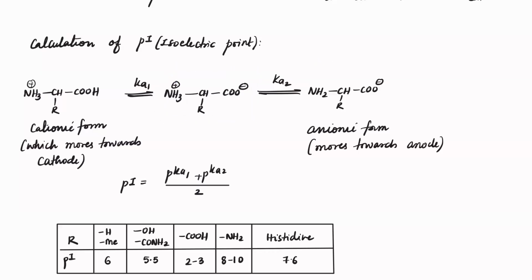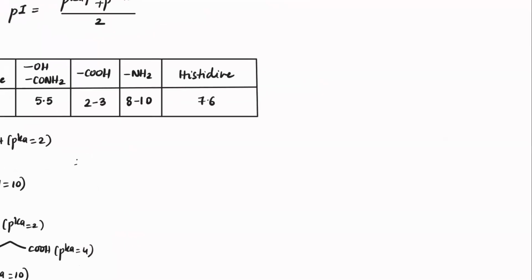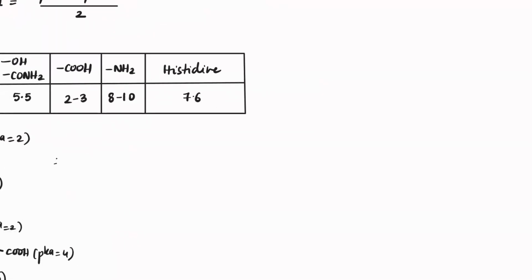That happens exactly at the average value of pKa1 and pKa2. To make you understand this logic, let me take you through the ionic equilibrium working one more time.